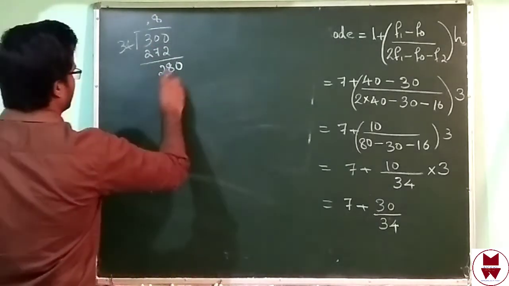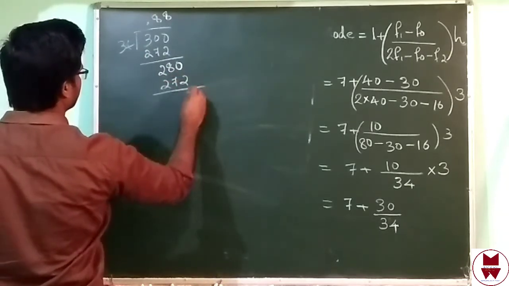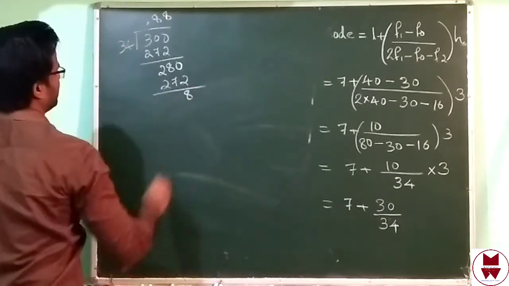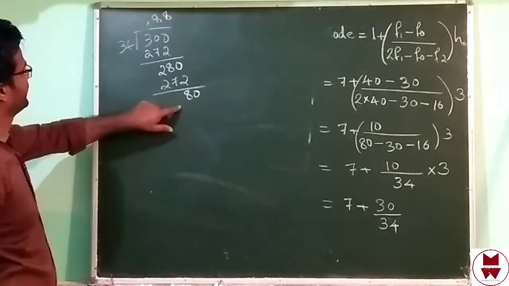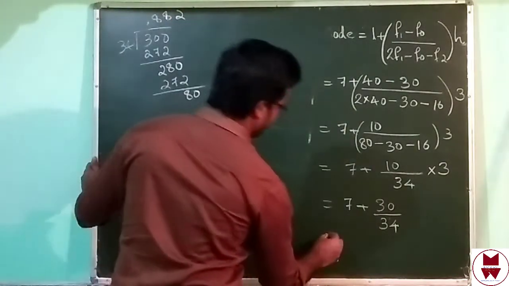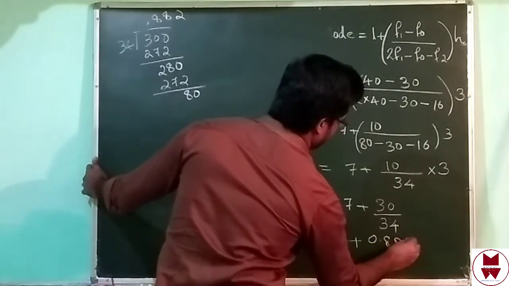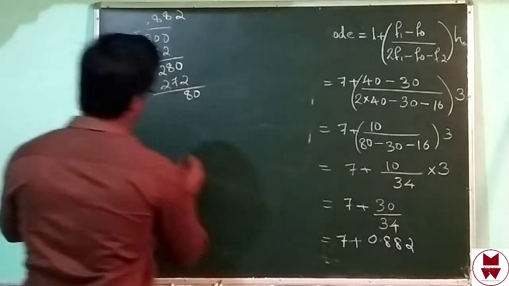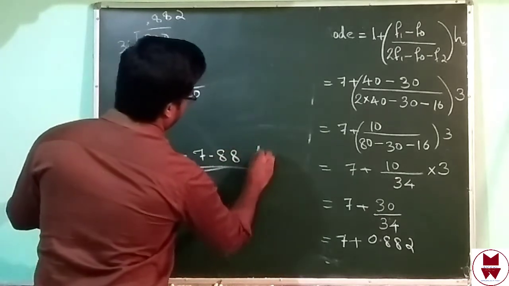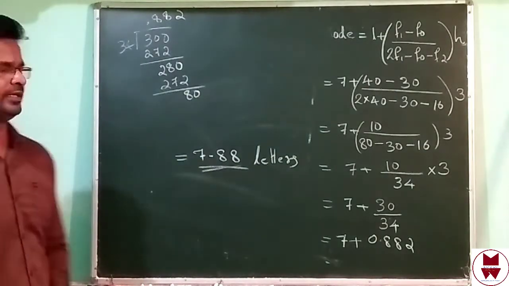Then in 280, 8 times we will get same 272. Then in here 8. Then add 1 0, 80. 80 divided by 34, 2 times. We will get 7 plus 0.882. This one we can write as 7.88 letters. This is our answer. Mode equal to 7.88 letters.